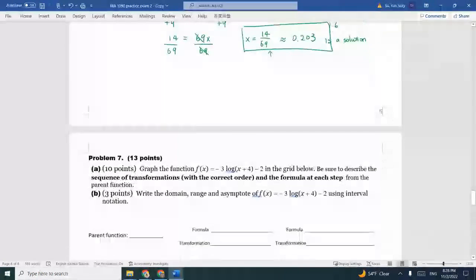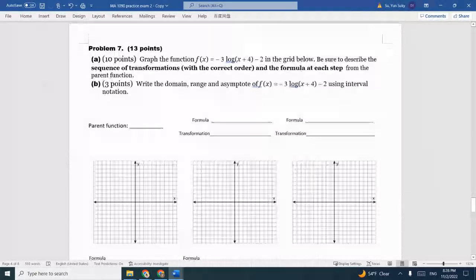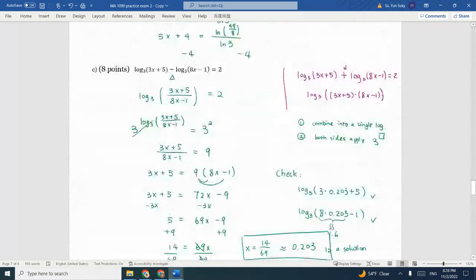So, do you want to do problem 7? Which problem do you want to go? Three. Okay, 3.